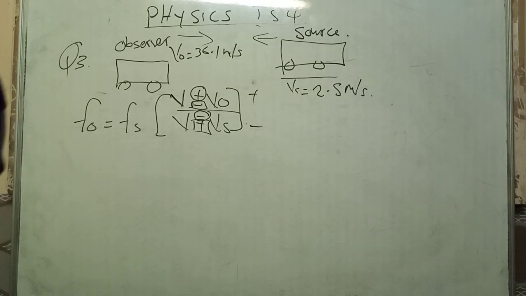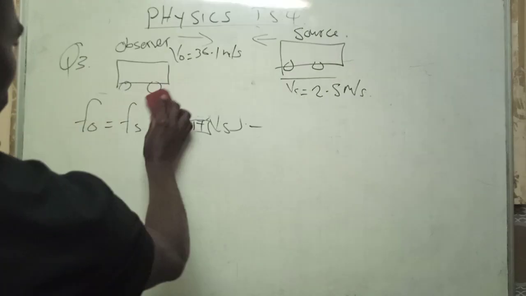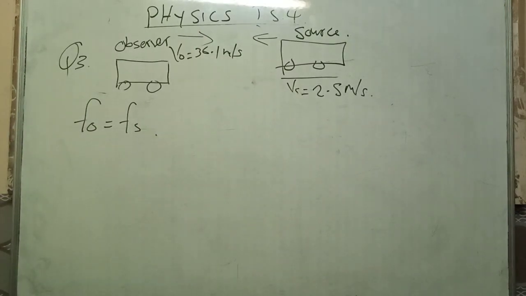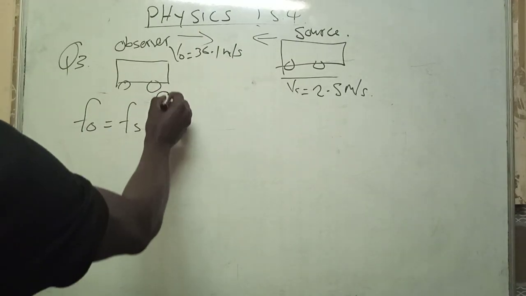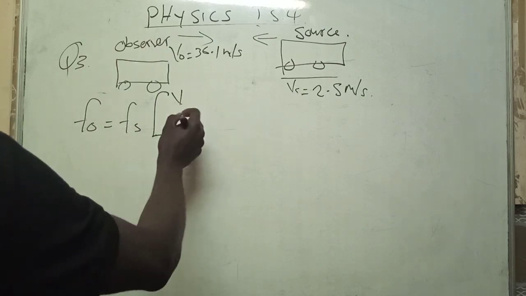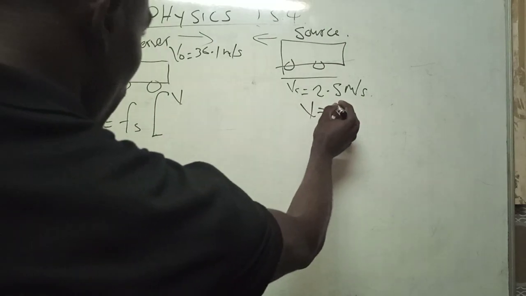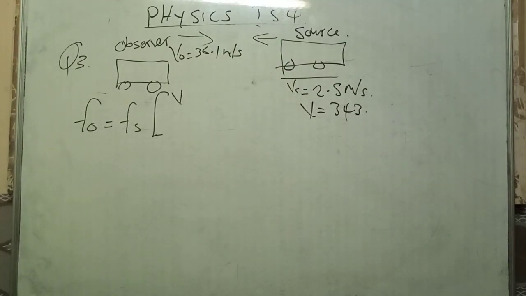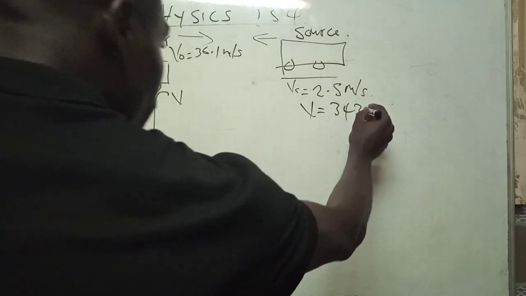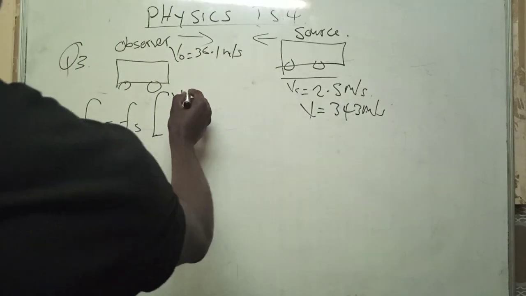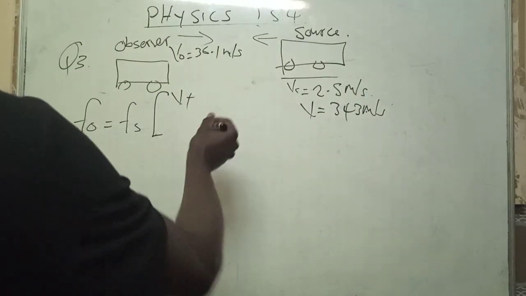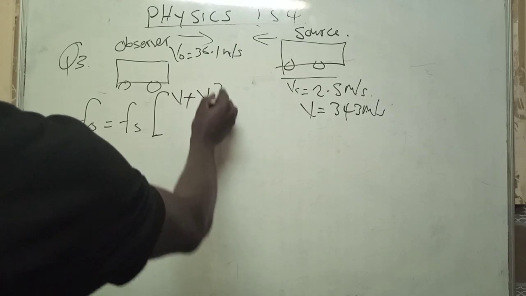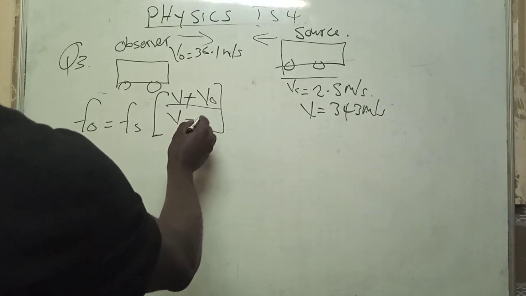Then I can come up with this formula: the frequency of observer is equal to the frequency of the source times the velocity we know, 343 meters per second. Since they are going toward each other, I'm going to use plus here, always. Then here I'm going to use minus.